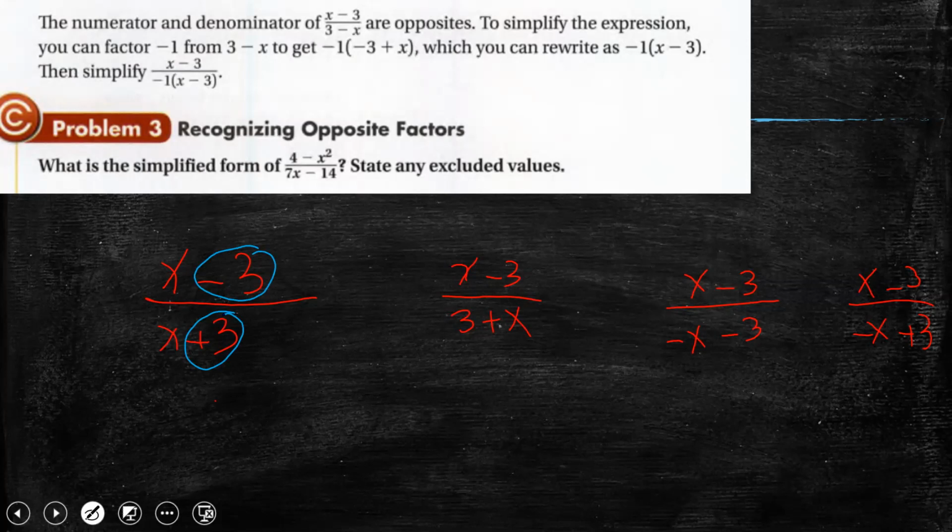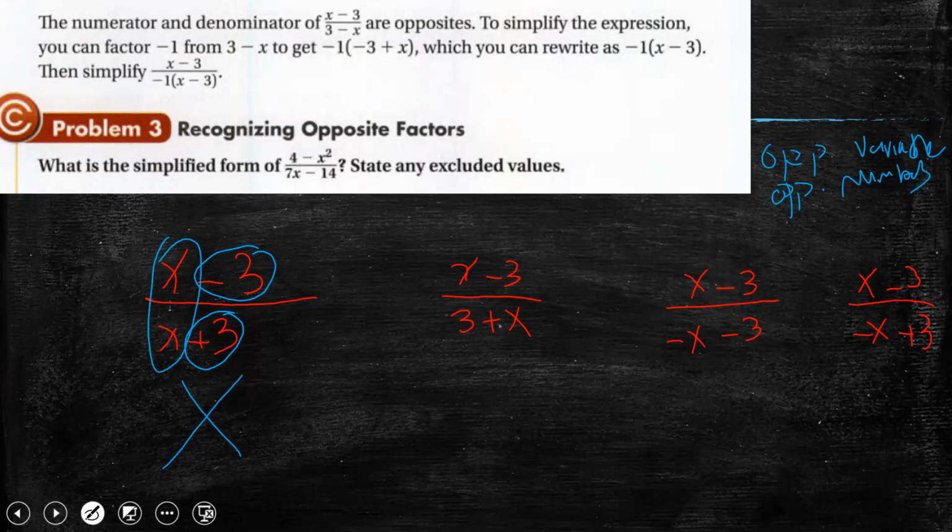I told you, to simplify it, you must have an opposite variable and opposite numbers. So here we have opposite numbers. Now, did we have an opposite variable? No. So I cannot simplify it.